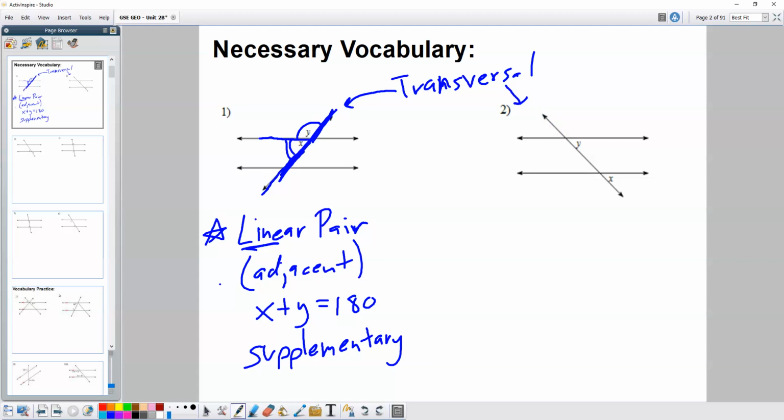Number two, these are called corresponding angles. And the way that I think about that is, we've talked about in similar figures, corresponding angles are congruent.